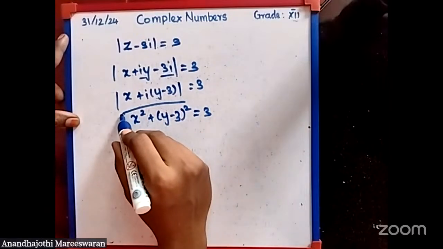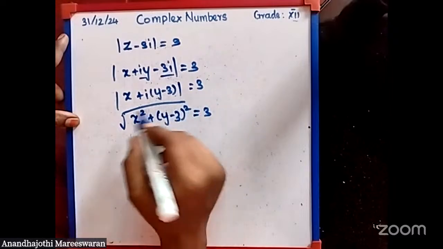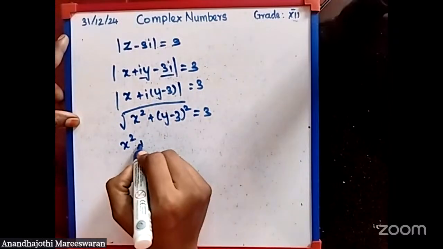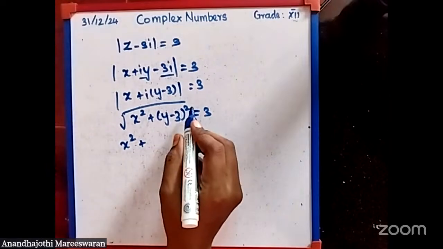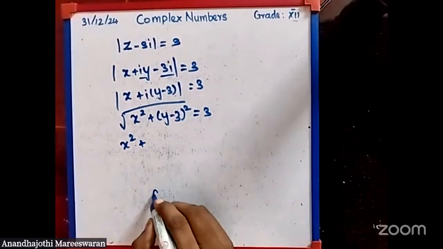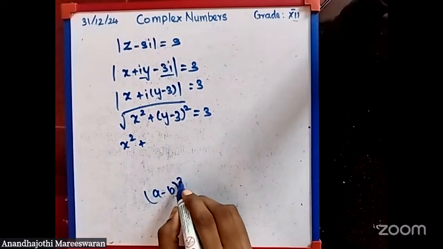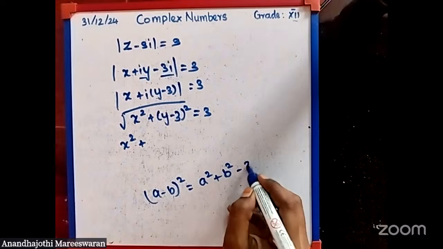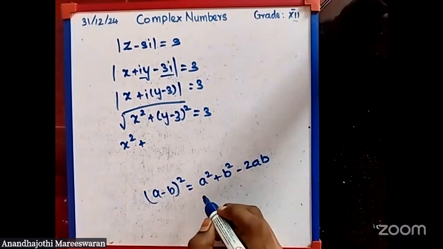I am going to move this square root to the other side, so it becomes a square. So x squared plus (y minus 3) the whole squared. It is in the form (a minus b) the whole squared, which equals a squared plus b squared minus 2ab.